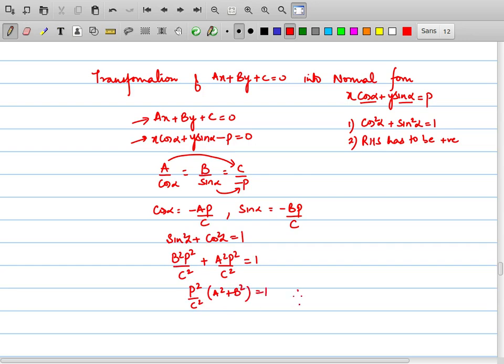Therefore, what is p? p is C square upon A square plus B square, under root, and plus minus.